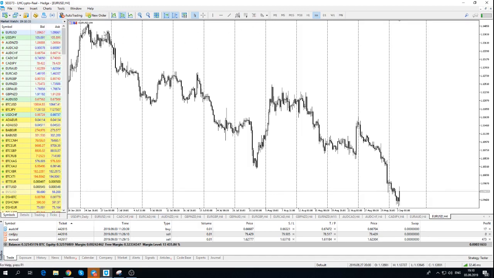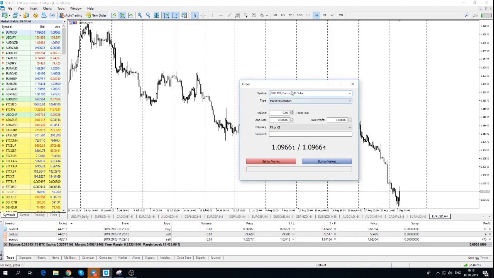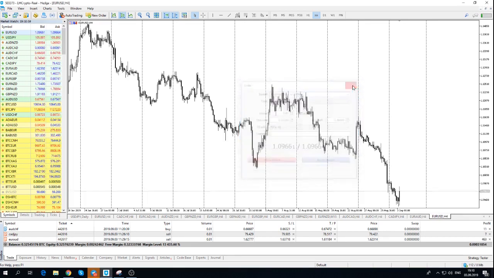To enter a position, click New Order, and you can see here the symbol, which is written automatically, you don't need to type it. And Sell by Market and Buy by Market. If you click on that, you can enter a position. Guys, it's my real account, that's why I don't want to click on it.